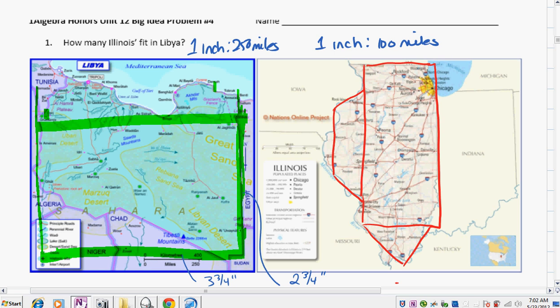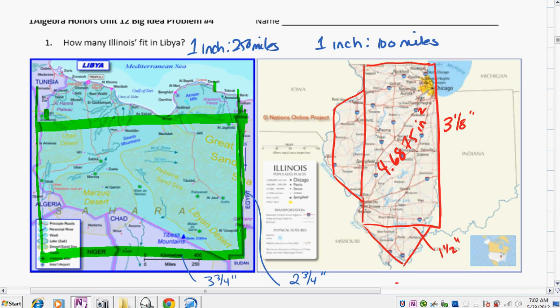So to find the area of this rectangle, I just need to measure. So I have 3 1/8 by 1 1/2 inches. So then the area of the rectangle is 4.6875 inches squared.